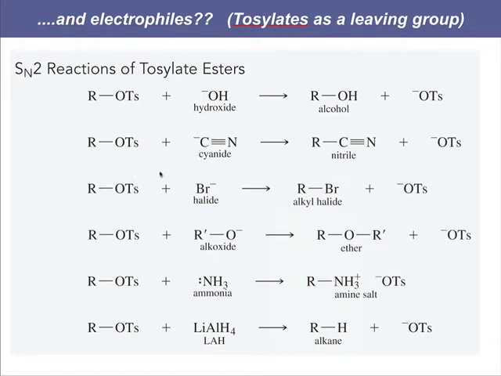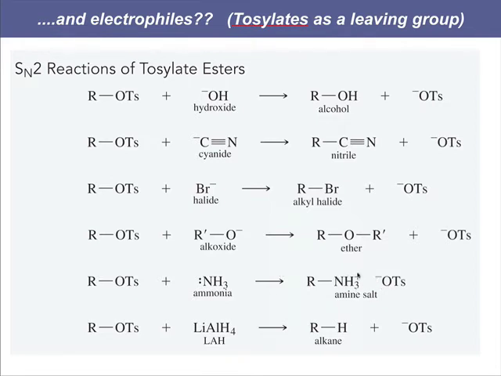We can displace tosylate with bromide. Halides, like we saw, like iodide, attack the R, kick off the OTs. That'll get us an alkyl halide. We could start with an alkoxide, a good nucleophile. We've used these a lot. That would give us an ether. We've made ethers a lot. Ammonia we could use. If we displace the tosylate with ammonia, we get an amine salt, RNH3+, OTs-.